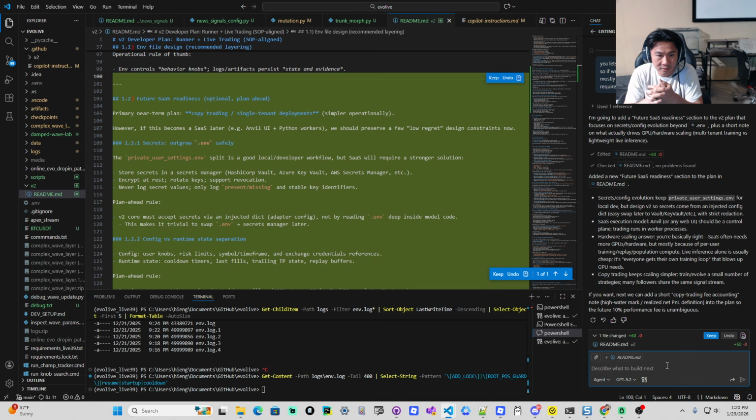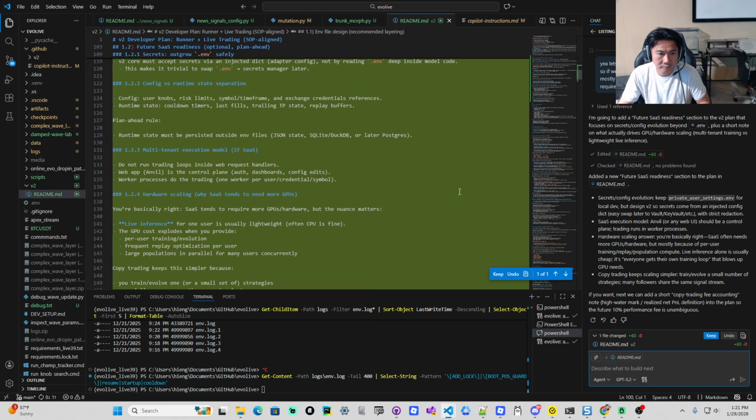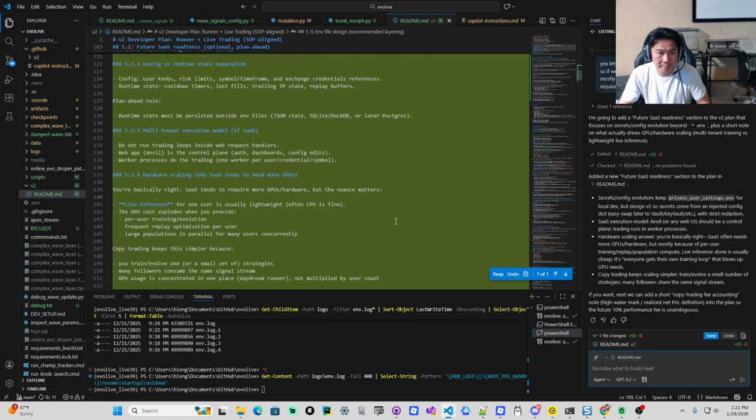Never log secrets, only present or missing. See the key difference. Plan ahead. Secrets, inject adapter. Okay. I think Anvil has a secrets thing that we can use.